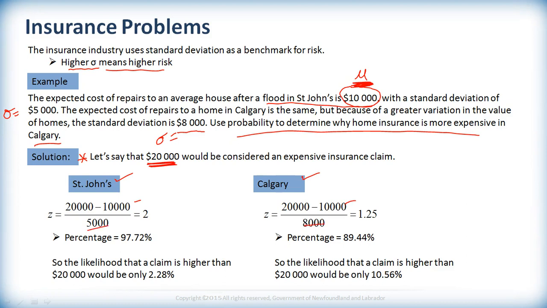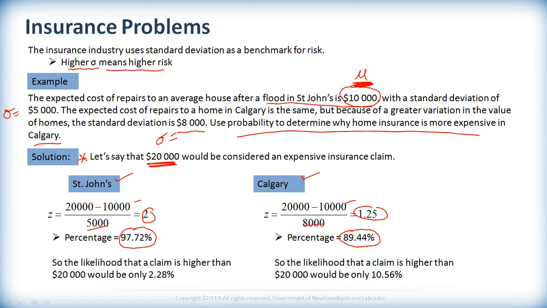In St. John's, that would give you a Z-score of 2. In Calgary, it would give you a Z-score of 1.25, which means in St. John's, a $20,000 repair would be in the 97th or 98th percentile. So that means 97.72% of the repairs they do would cost less than $20,000, whereas in Calgary, 89.44% would cost less.